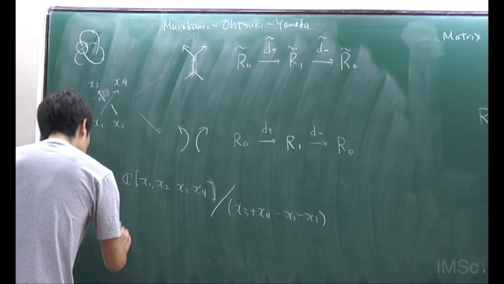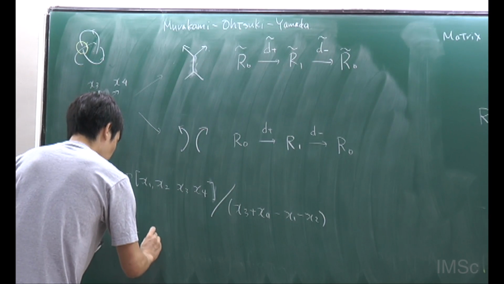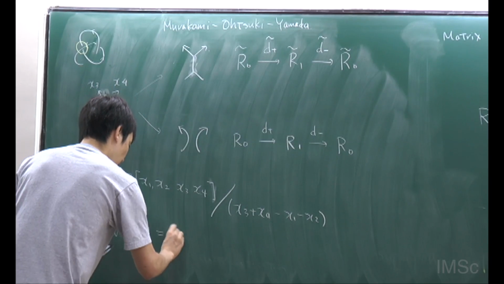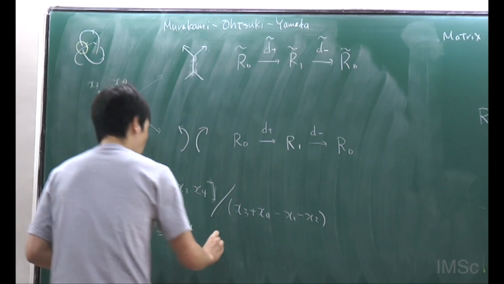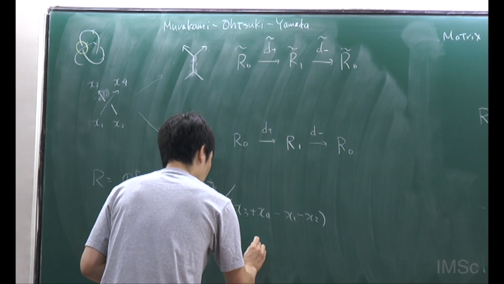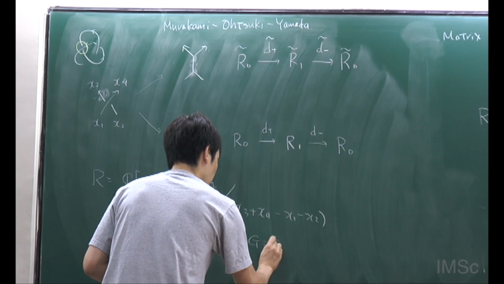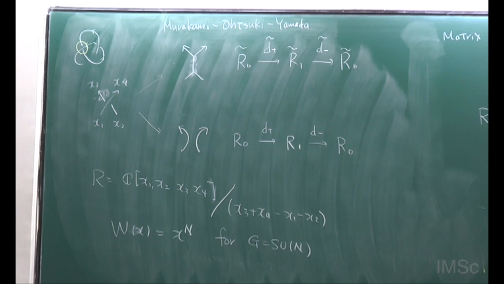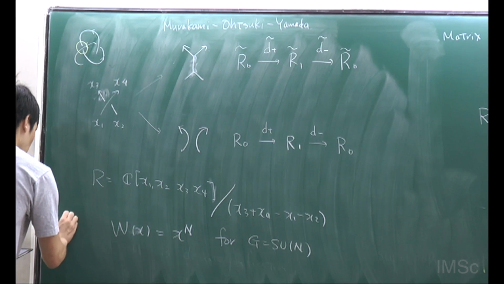W of x is given by x to the n, for G equal to SU(N). So this is your superpotential.